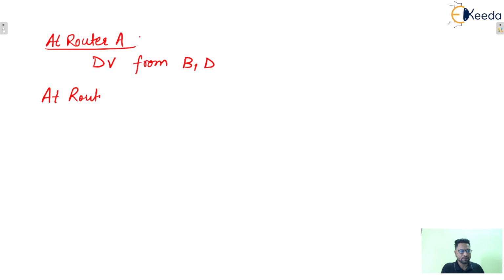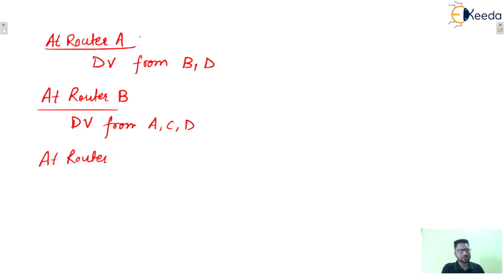In DVR, at router A, distance vectors from B and D will be received. At router B, distance vectors from A, C, D will be received.